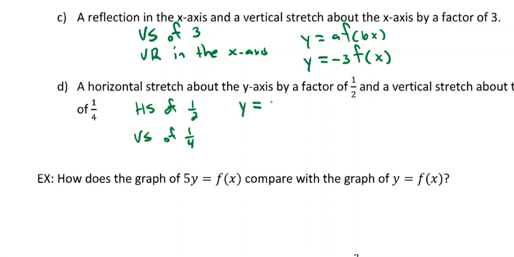So it's y is equal to a f of bx. What's our a value going to be? Vertical stretch of a quarter, so 1 over 4. Then f of, and what's our b value going to be? 2, good. It was 1 over 2, so it's 2 over 1, or just 2.